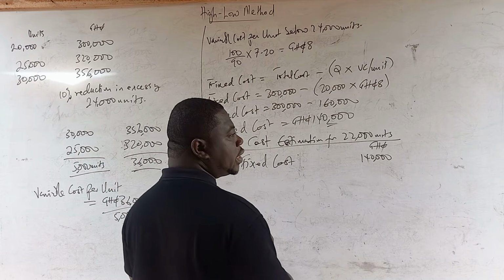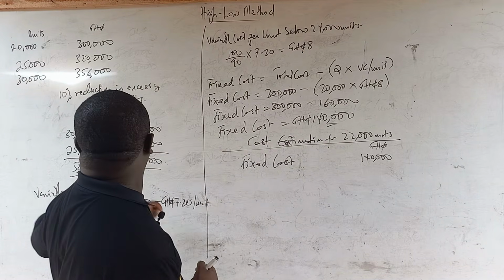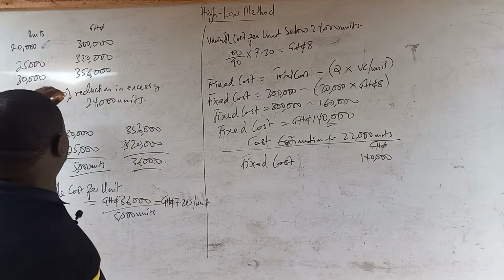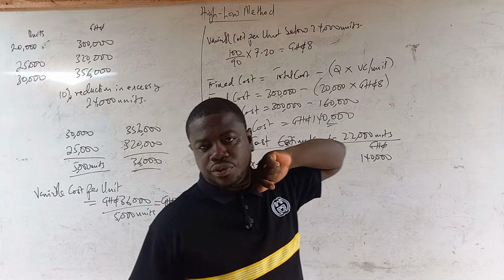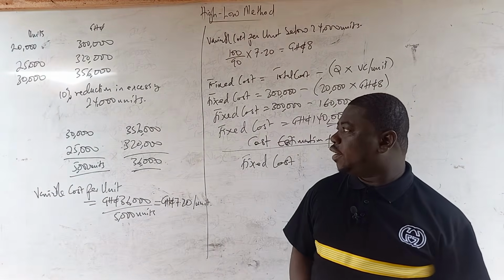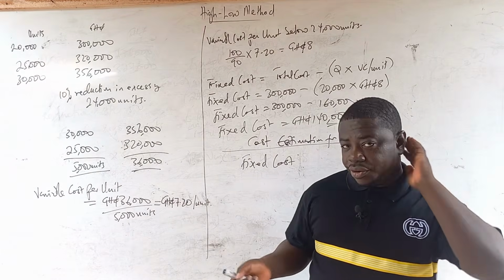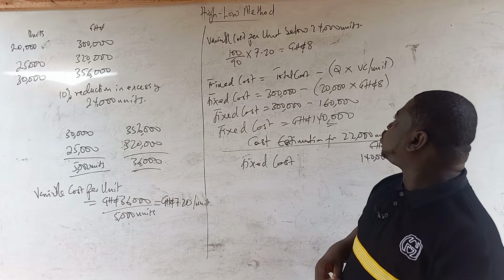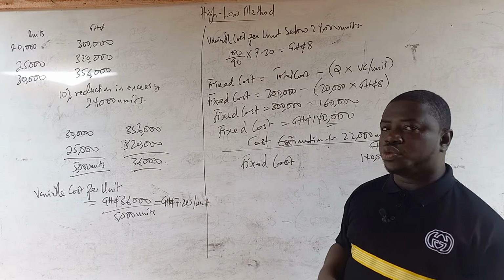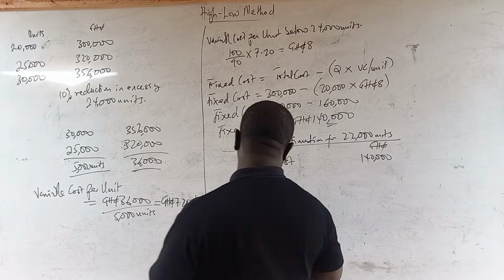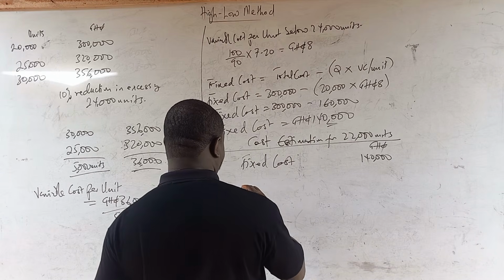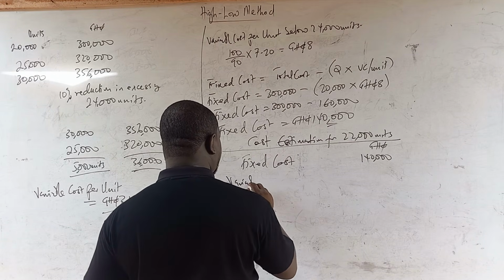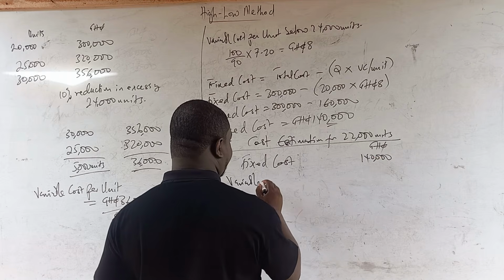Now, in this case, for the variable cost, we are looking at 22,000 units, which is below the threshold where the variable cost per unit will change. And here, we don't have two different variable costs per unit. So we're just going to use the 8 cedis, because 22,000 will not be reduced in terms of variable cost per unit. We know total cost is fixed cost plus variable cost.